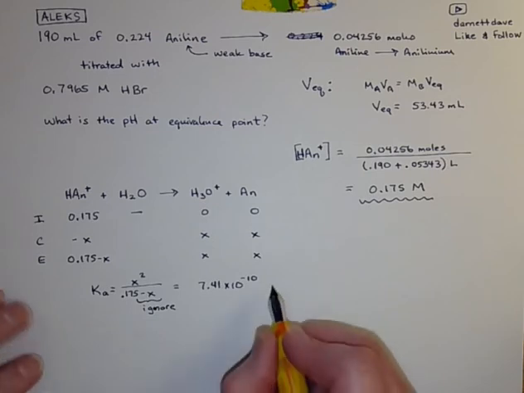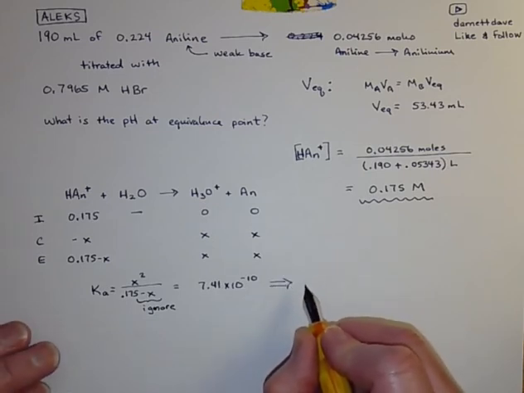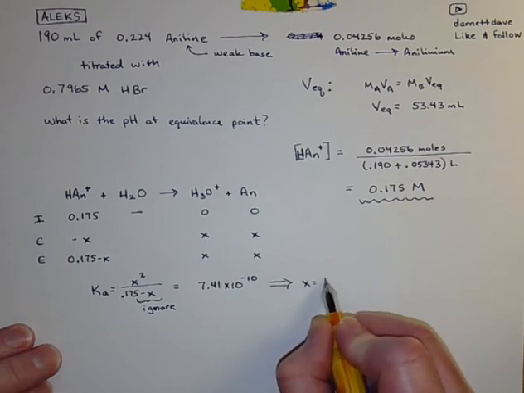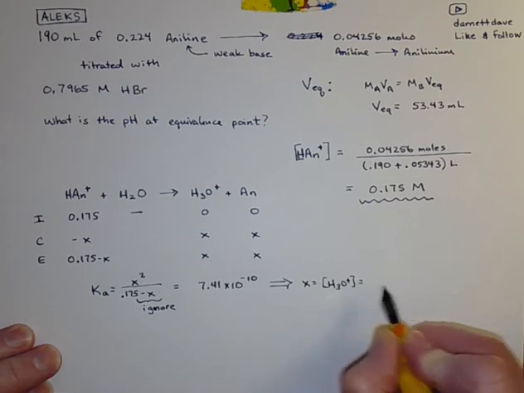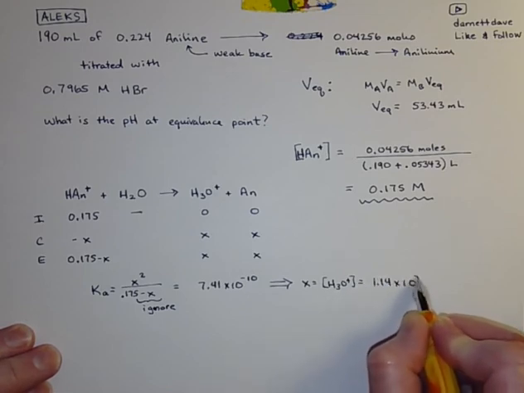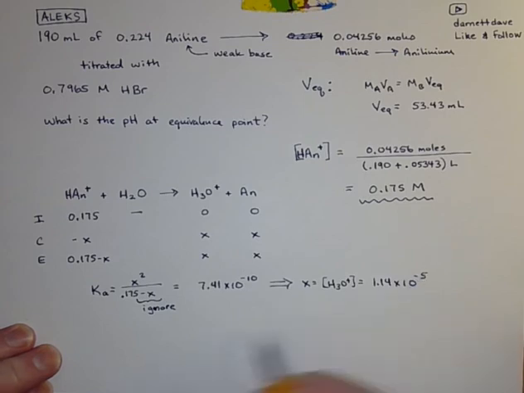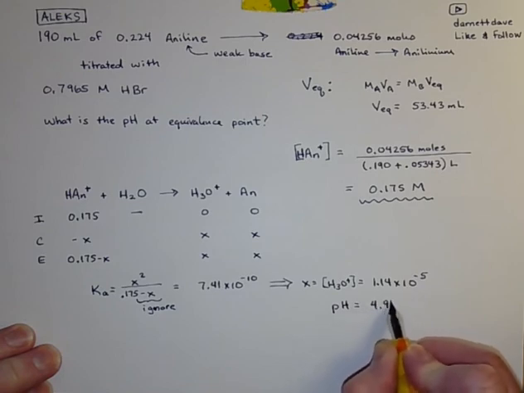And when we do that, that leads to an easy solution of X being equal to the H3O+ concentration equal to 1.14 times 10 to the minus 5. And that gives us a pH equal to 4.94.